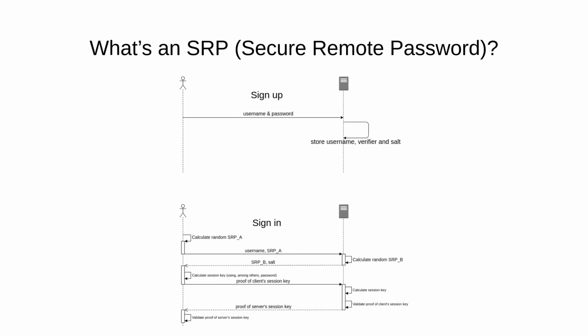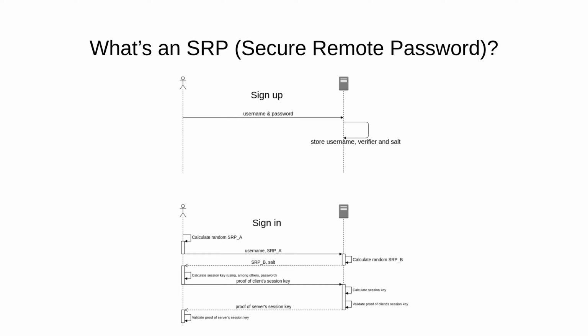Now, what is an SRP? It stands for Secure Remote Password. This is a special protocol, basically a standard protocol that allows us to authenticate a user without actually sending the password over the wire. The only place where we really need to send the password is when we sign up at the beginning.